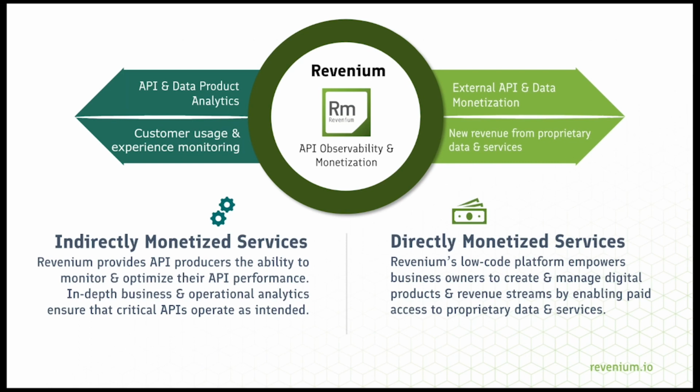And so for these APIs, as well as the ones that are directly monetized, our platform offers a rich set of API and data analytics that show how the APIs are being used, and also gives engineering leaders a view into the performance of the APIs, the relative performance from one to another, and then gives product owners a set of business analytics that show how API adoption is taking place, abandonment, and different business-centric analytics that are important when offering a digital product.